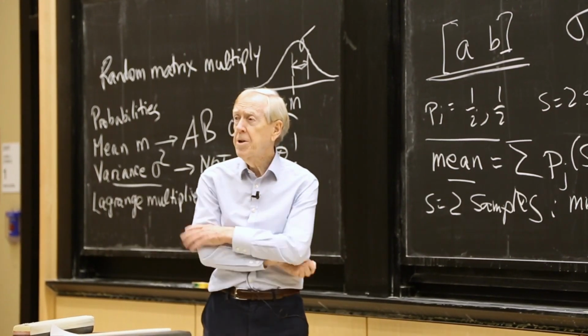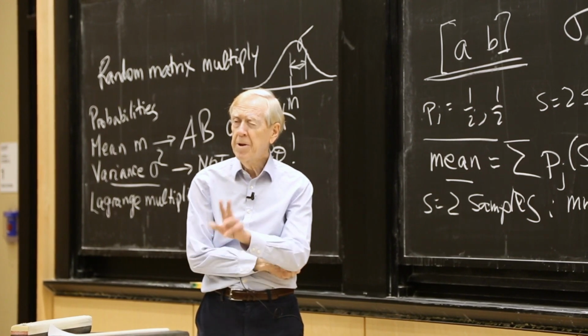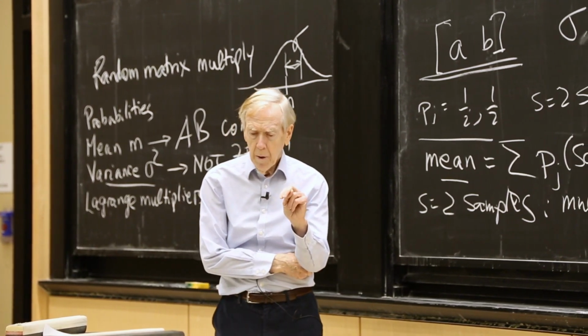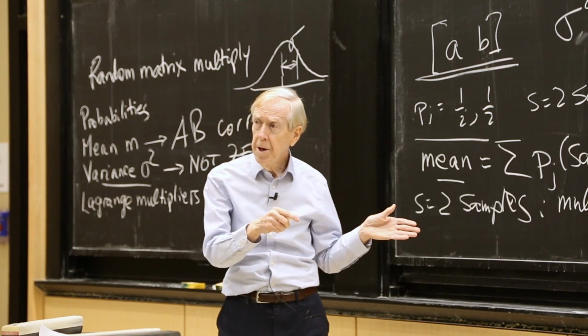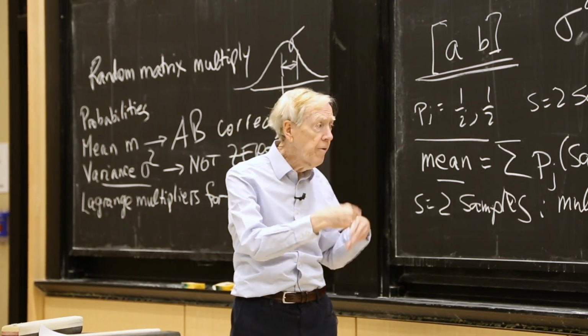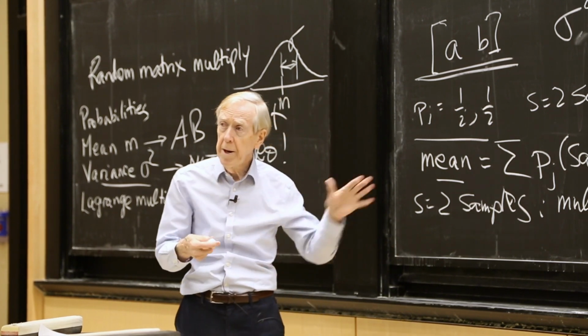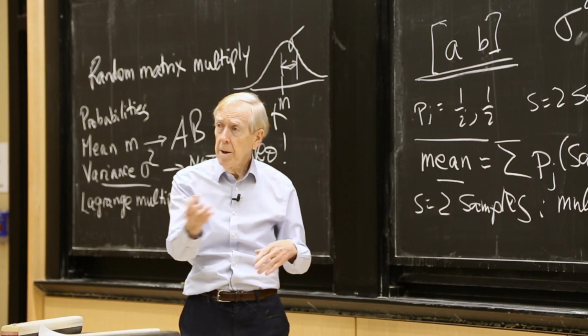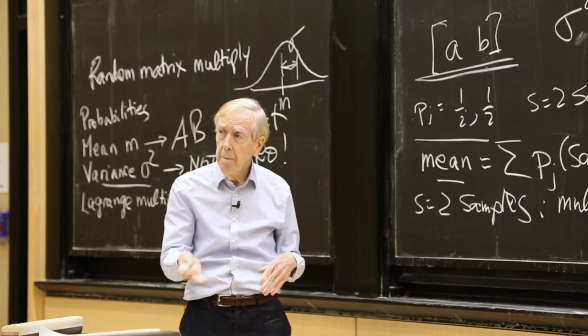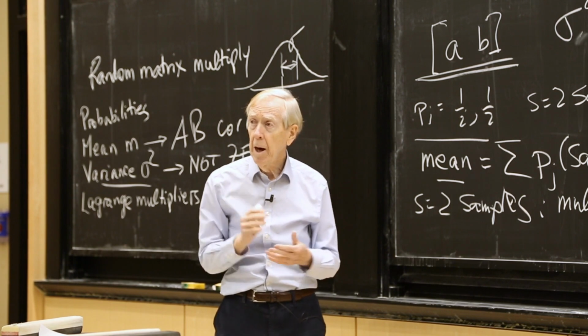Let me just tell you what the two possibilities are. One is what I just said: weight your probabilities by the square of the norm, this norm squared weighting that we'll see, and take the columns as they come, but with higher probability on the big columns.